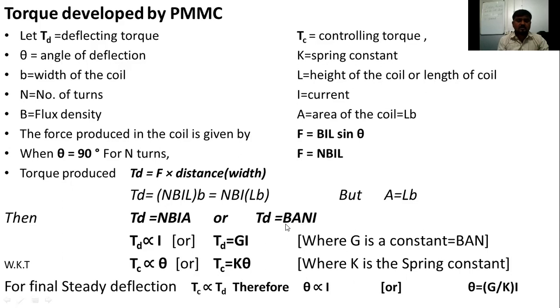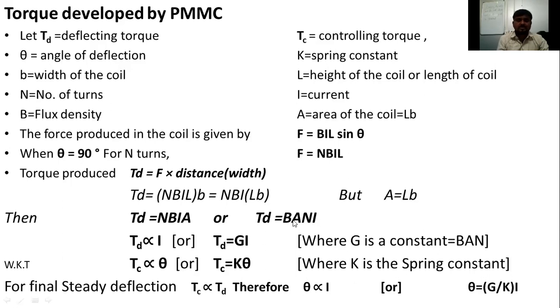B is the flux density that is constant, A is the cross sectional area, N is the number of turns in the moving coil, and I is the current flowing through that coil. The current I is variable.